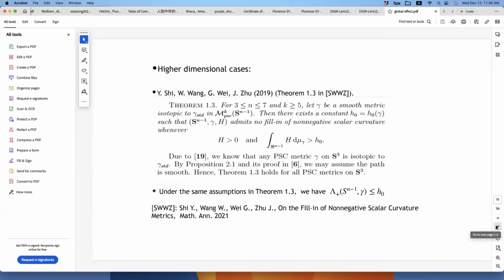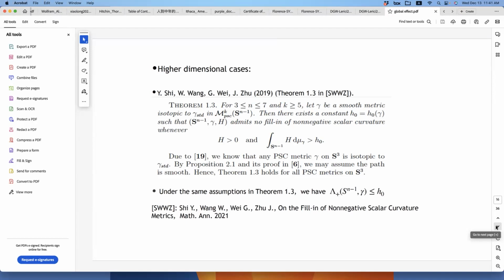Let gamma be a smooth metric in this set, so that the scalar curvature of gamma is positive, and we assume that gamma is isotopic to the standard sphere metric. That is, there is a smooth path in this set joining gamma with the standard unit sphere metric. Under such conditions, we can show that lambda plus is always less than H naught.